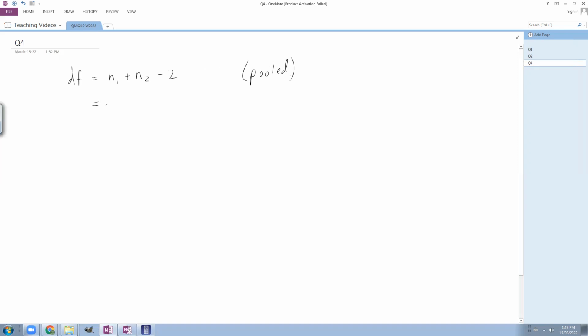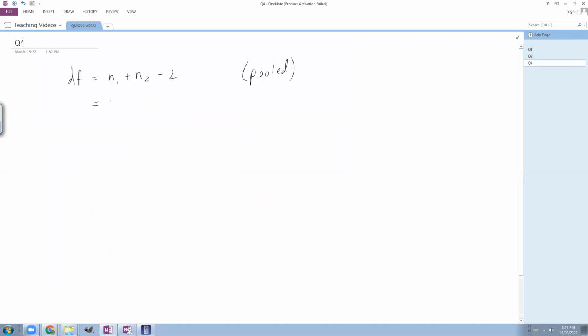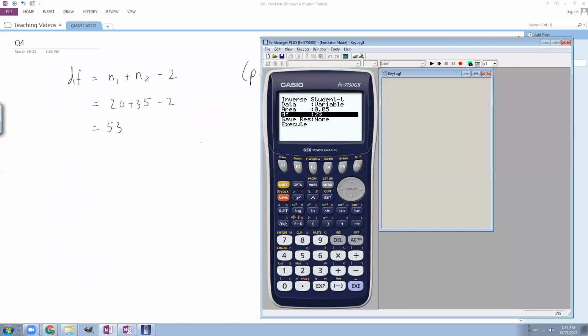All right, so what's this going to be? Looking at our question, it's going to be 20 plus 35 minus 2. So 53. And then we run this and we get 1.6741.